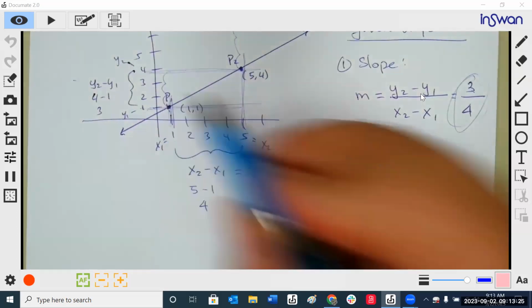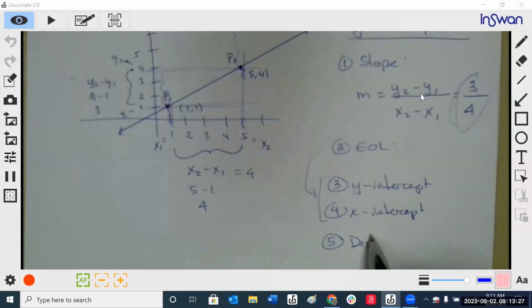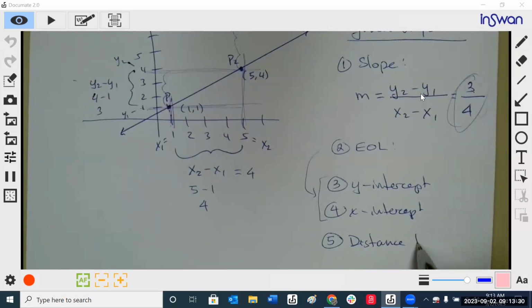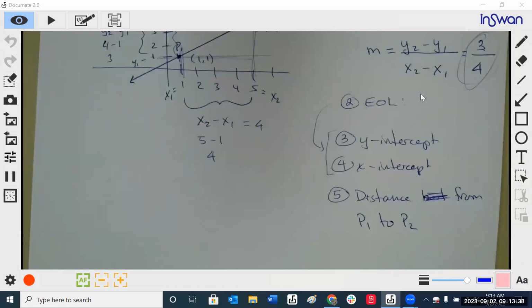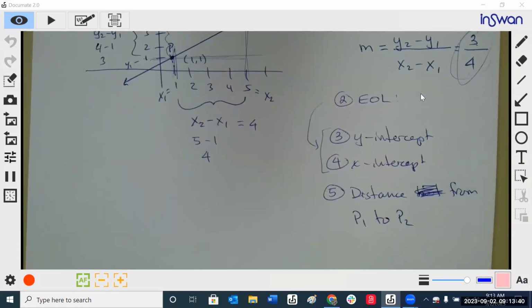We can find the distance from point 1 to point 2, or the distance between point 1 and point 2. How would we find that?